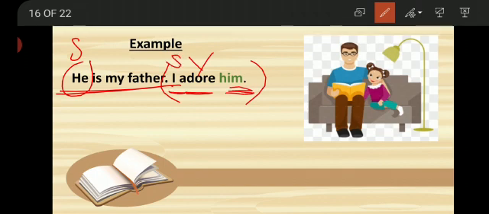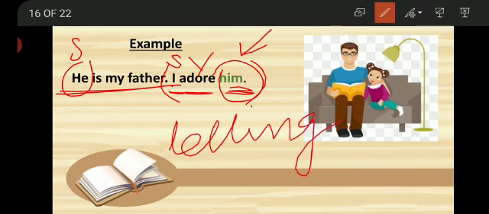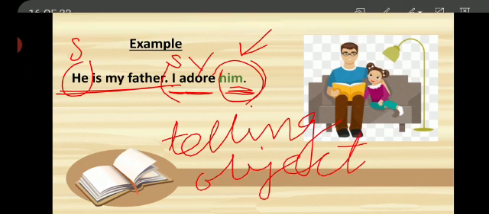And the one by whom the adoring action is received is him. So you may say him is placed in the telling part of the sentence, or you may say it is our object as well. So it is called an objective pronoun.